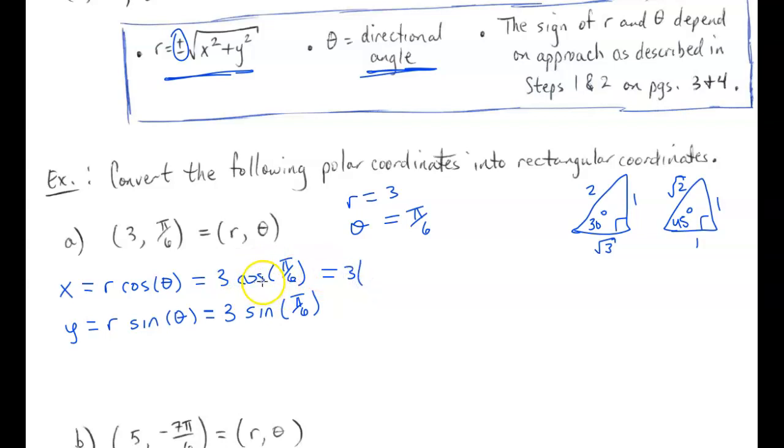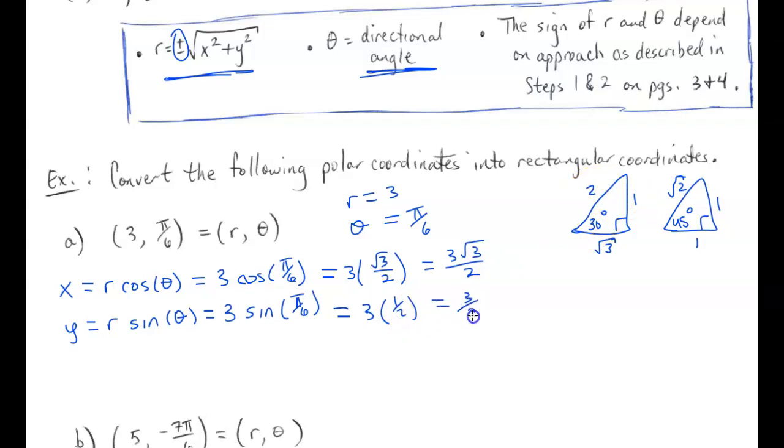So here I know cosine of pi over 6 or cosine of 30 degrees is just going to be adjacent over hypotenuse. So this is going to be square root of 3 over 2. And so our final answer for the x is 3 square root of 3 over 2. And for sine of 30 degrees, that's opposite over hypotenuse. It's 1/2.